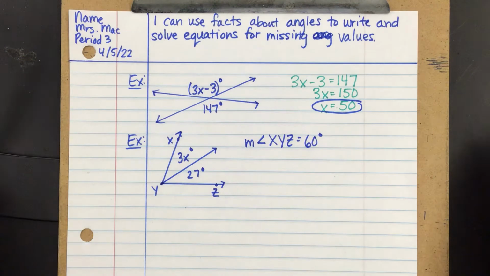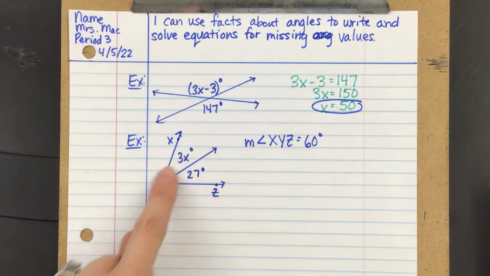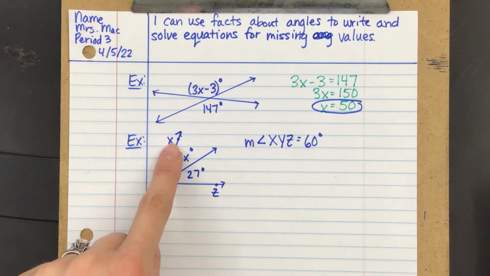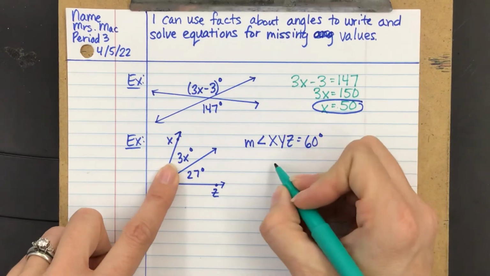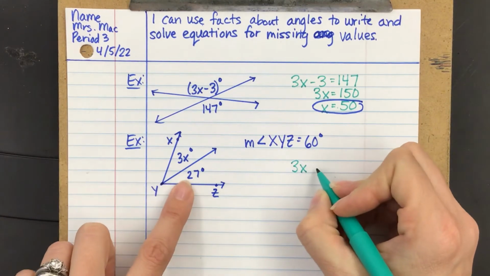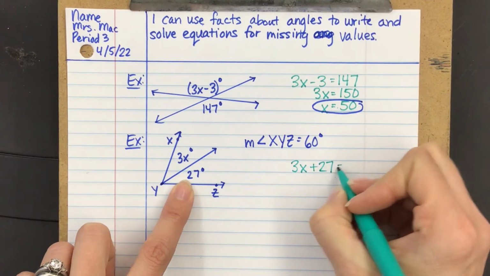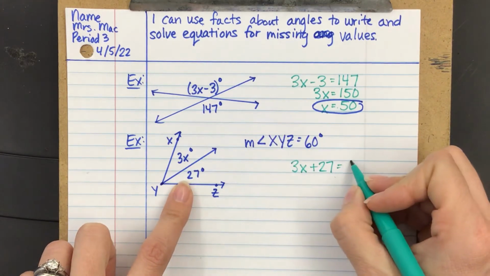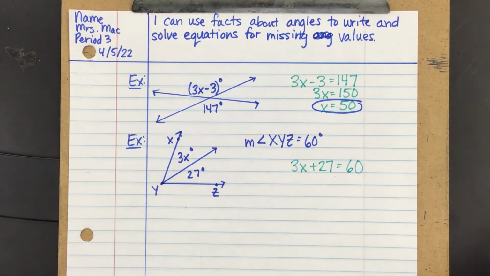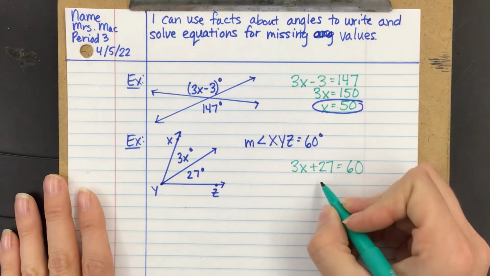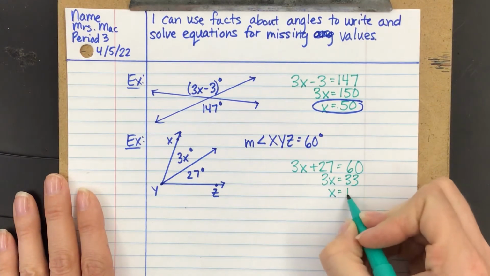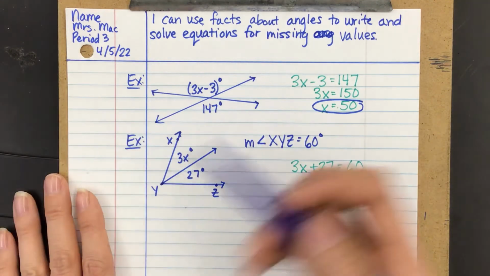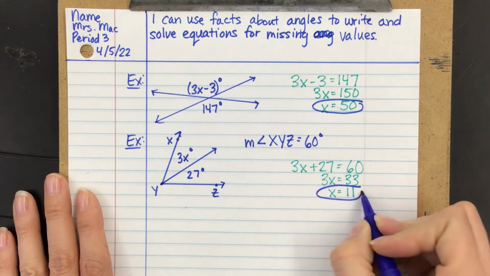Okay, so for these kinds of problems, we're saying that the measure of this angle plus the measure of this angle equals the measure of the whole angle, which is 60. So when we write our equation, we're going to do 3x plus 27 is equal to the whole thing, which is 60. And then I'm just going to solve my equation. And I get that the value of x is 11.